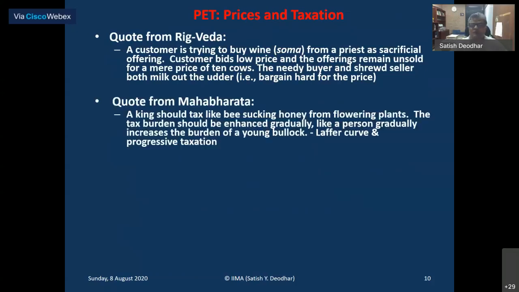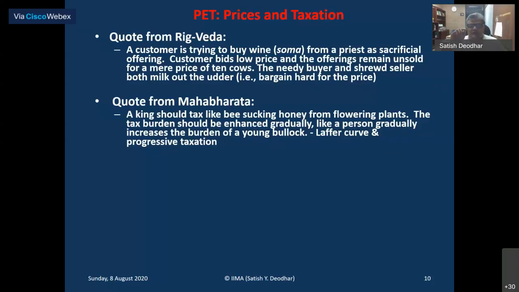Another quote from the Mahabharata. This is on taxation. A king should tax like a bee sucking honey from a flowering plant. The tax burden should be enhanced gradually, like a person gradually increases the burden on a young bullock. Now, these are innate understandings of concepts which modern economists talk about as the Laffer curve or progressive taxation.